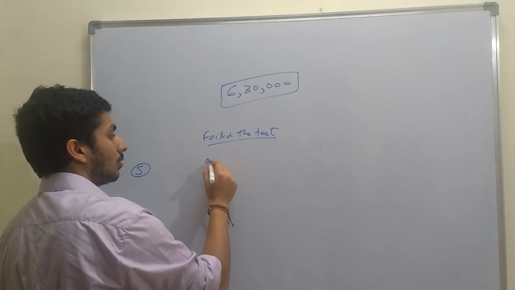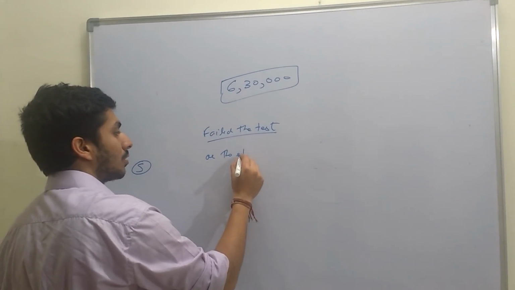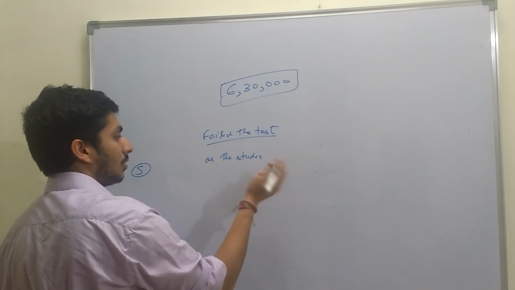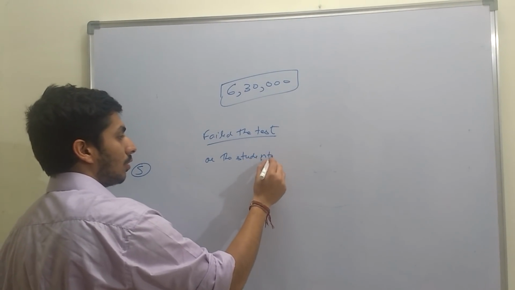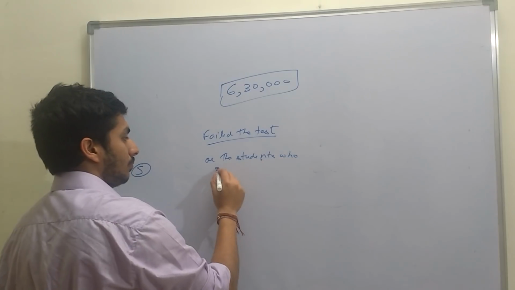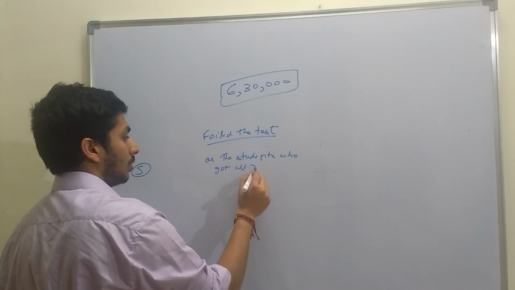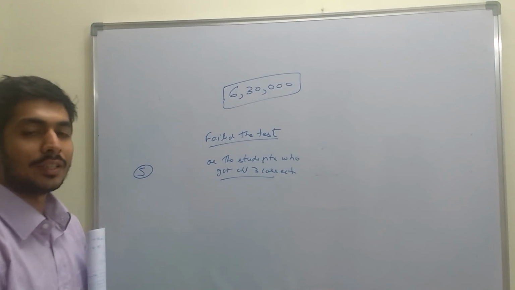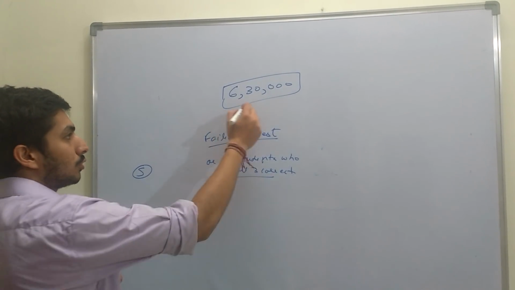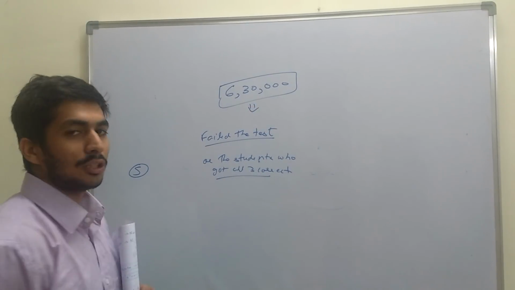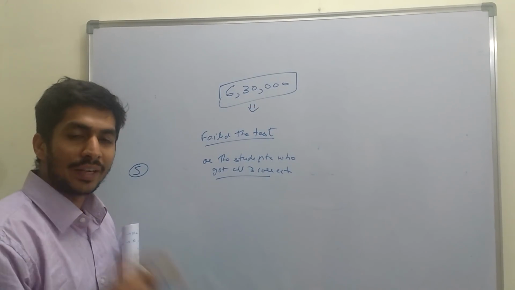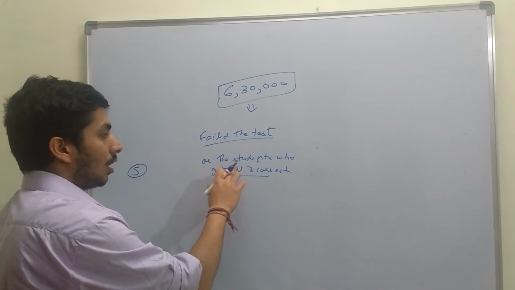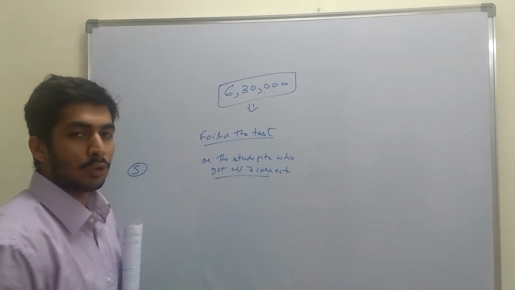Failed the test or the students who got all 3 questions correct. So this was the question. Now in this question you can eliminate 2 options as it is, because the total number of students was given to us as 6,30,000. It was given that the number of students who failed the test and the number of students who got all 3 correct were equal.